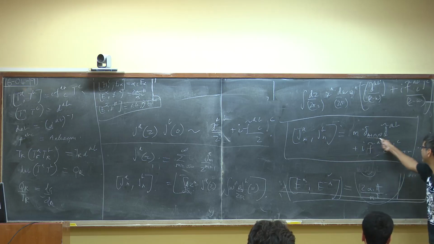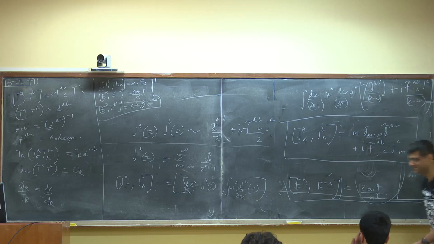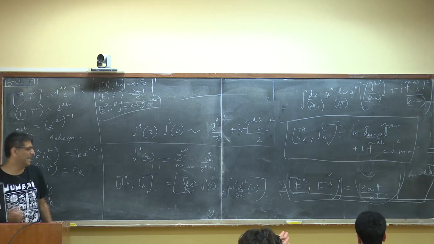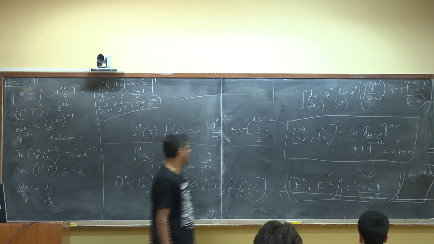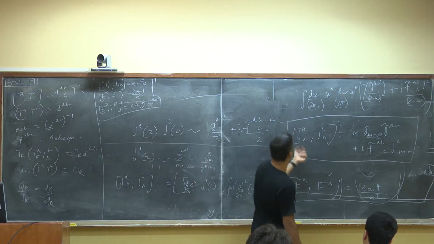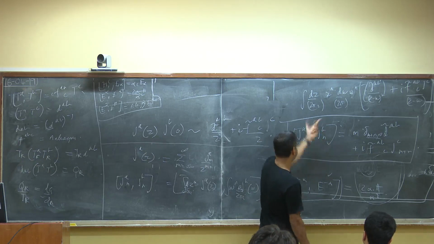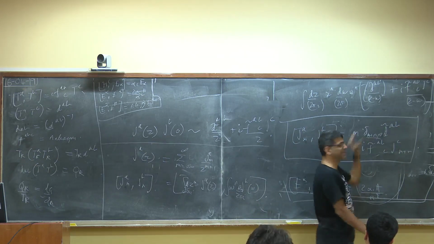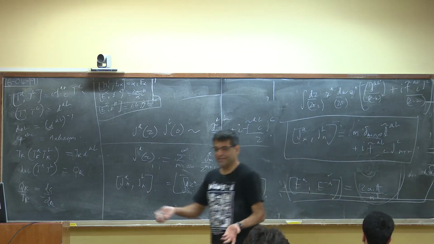If I choose m equals n, then this term is symmetric in AB while the left hand side is antisymmetric in AB, so the coefficient had better vanish. And it does vanish.